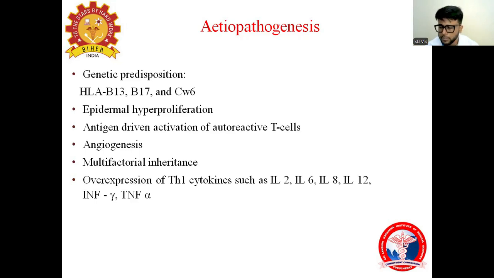The normal epidermal turnover takes around 28 days, but in psoriasis it decreases to less than 4 days. So that is called epidermal hyperproliferation. There is antigen-derived activation of T cells, angiogenesis, and multifactorial inheritance. There are overexpressed type 1 cytokines such as TH1, IL-2, IL-6, IL-8, IL-12, interferon alpha, and TNF alpha.